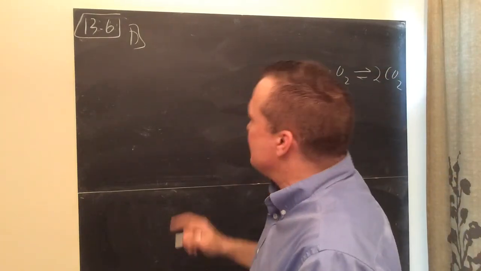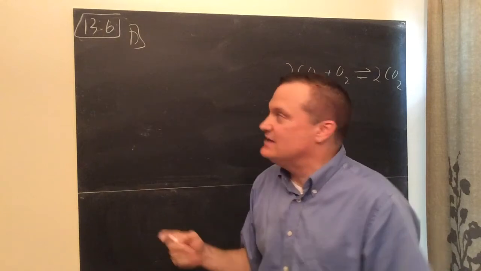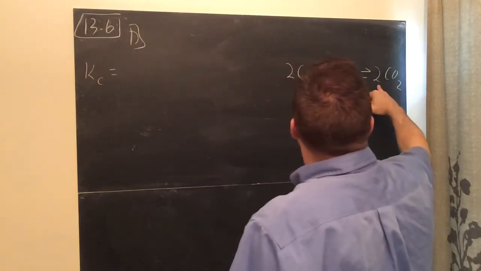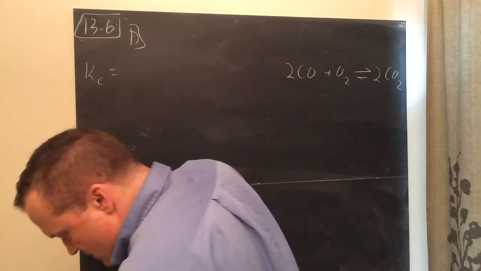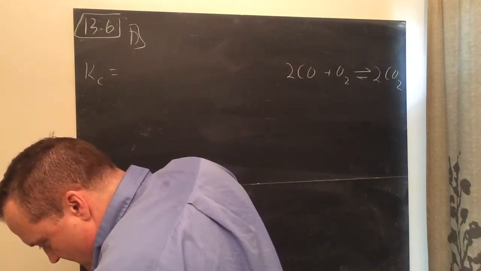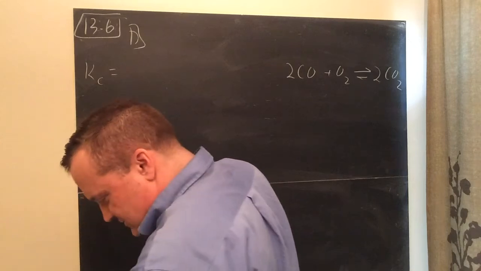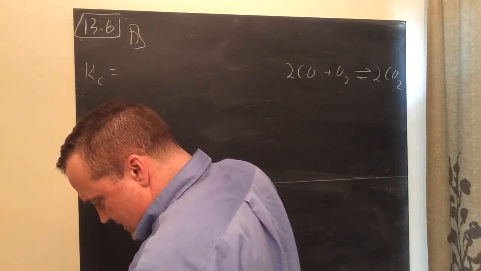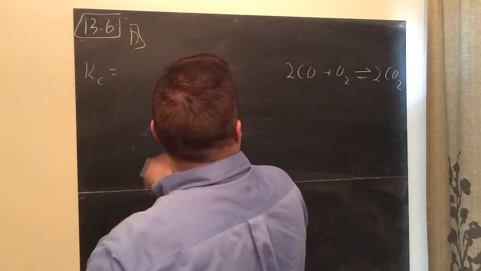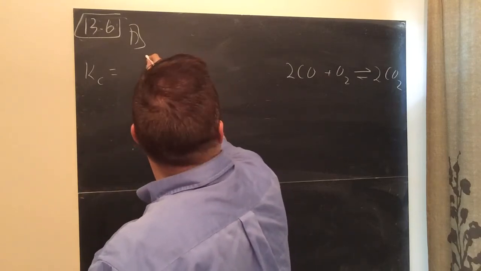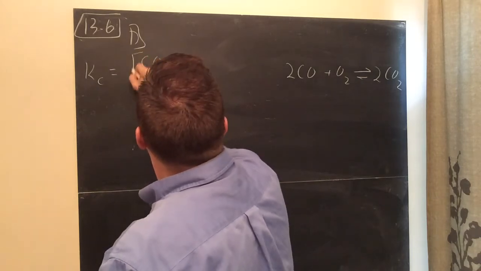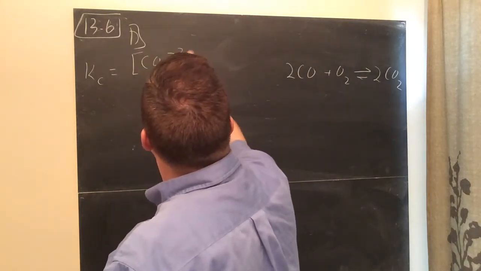Now, this one says Kc. So now we want to write down our Kc expression. And for this one, it'll be CO2 on the top. Don't forget you put brackets and you square it.